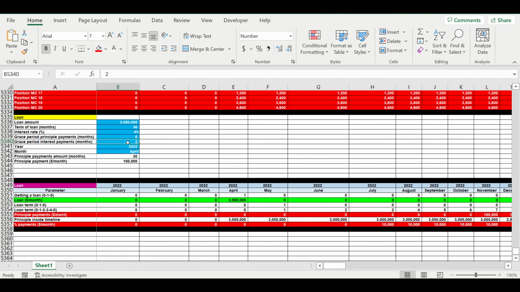So for example, if we have 0 grace periods, all payments will start just from May. If we have, for example, 4 months grace period for principal, interest payments we just start paying from the very beginning, or just 1 month grace period. So it is very easy adjustable.